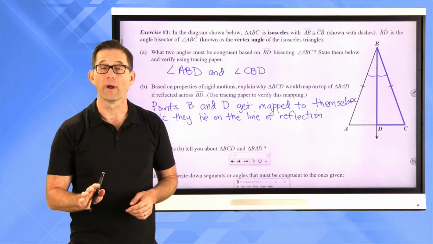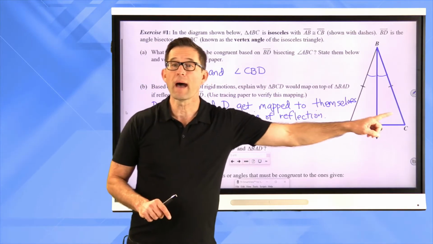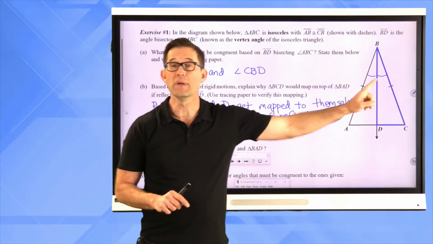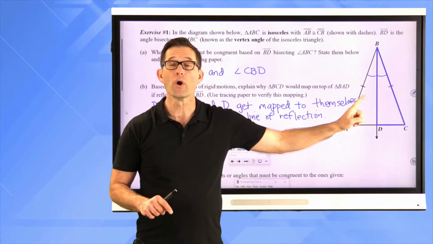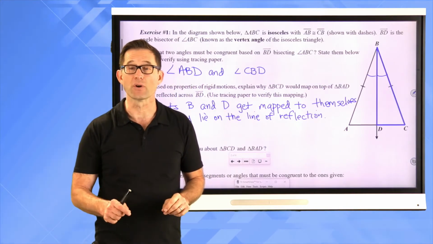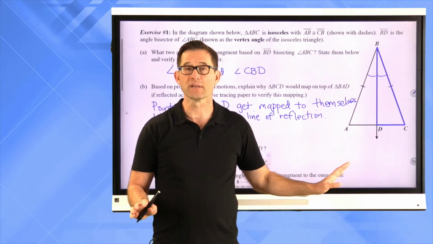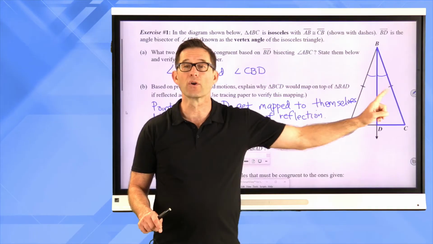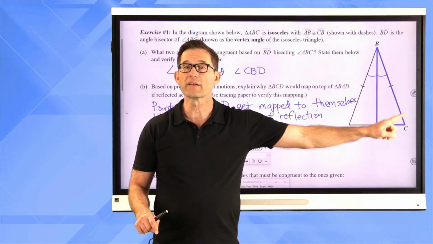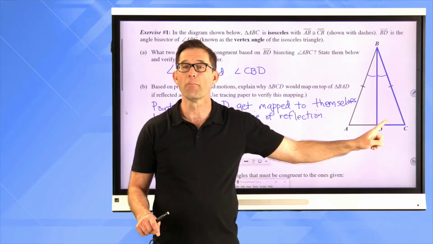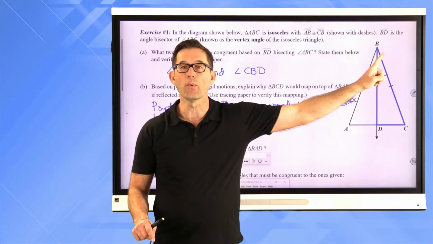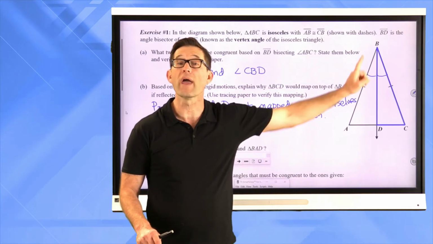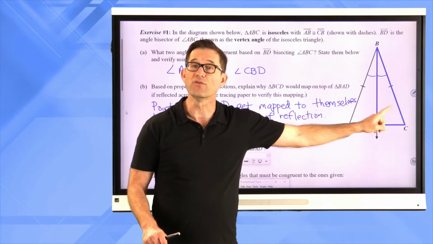And this is very important. Point C will get mapped to point A because two conditions are true. The first one being that these two angles are equal. And remember, reflections preserve angle measure. So even if this wasn't an isosceles triangle, because those two angles are congruent to each other, when I reflect this triangle across that angle bisector, the image of point C would have to lie somewhere along ray BA in order to keep the two angles the same.